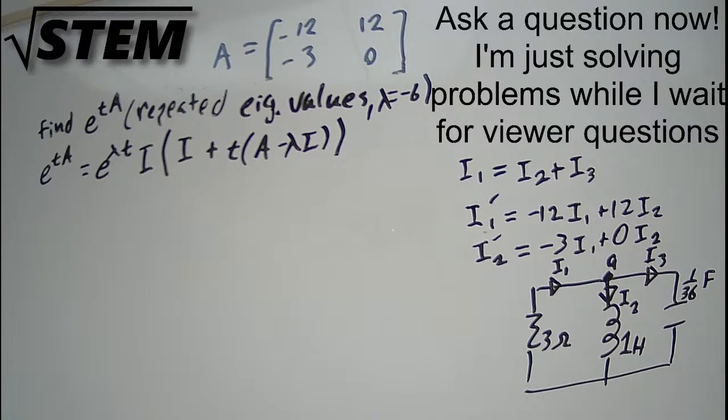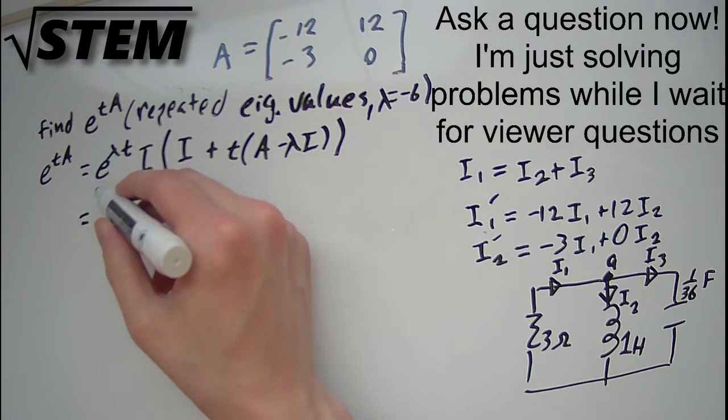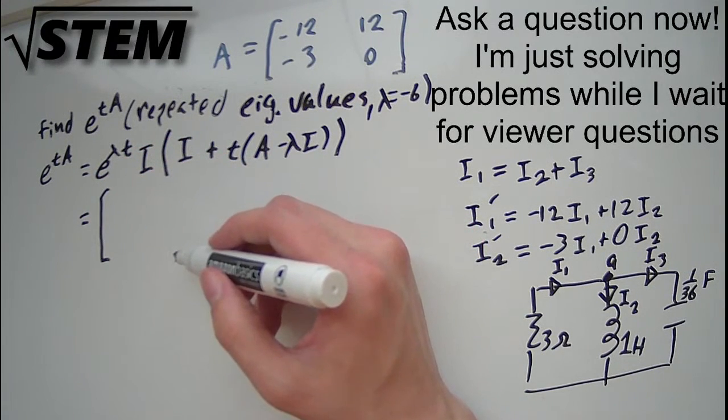So first, let's get A minus lambda I. So we're going to have basically one matrix multiplication. So actually I think I'm going to go ahead and try to write those two matrices on the next line, and then we'll try to multiply them after that.